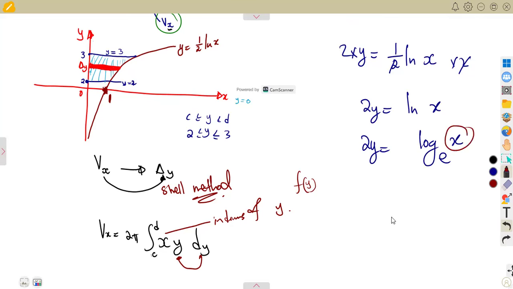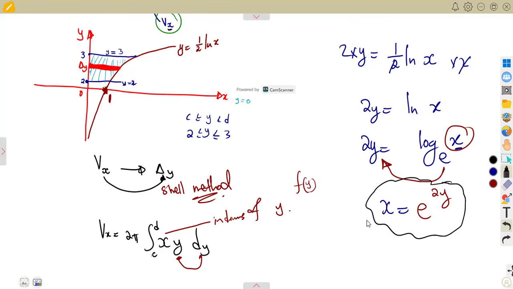So if we take this to exponential form, x is equal to the base e to the exponent of the answer, that is e to the exponent of 2y. Changing from log to exponential form. That's our x in terms of y.